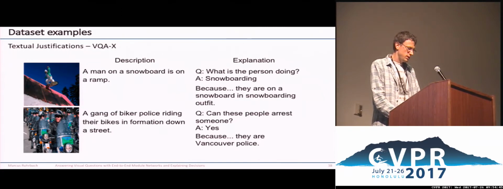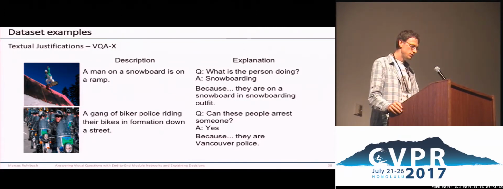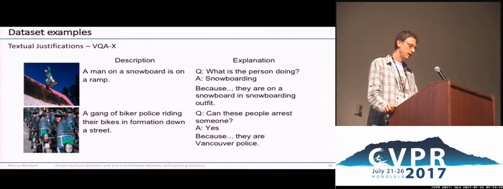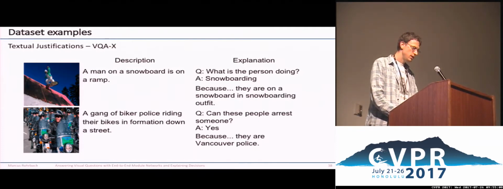For example, while descriptions say, for example, a man on a snowboard is on a ramp, the textual explanation for what is the person doing, snowboard, is they are on a snowboard in a snowboarding outfit. Or instead of a gang of biker police riding their bikes down the street, the answer to the question, can these people arrest someone?